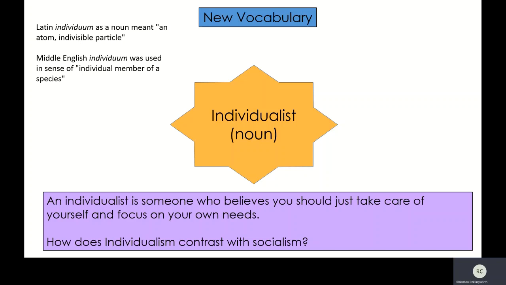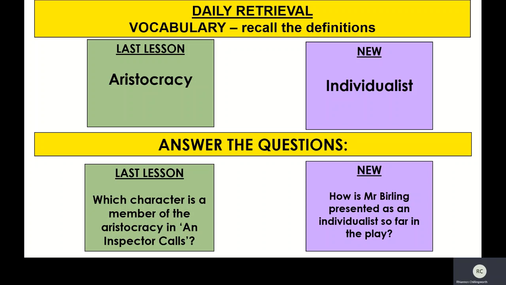Socialism is about the group, the collective body of people together, whereas individualism is about every man or individual for themselves, not really caring about how their actions affect other people. So think about how Mr Birling has been presented so far as an individualist. You can pause the video and have a go at answering those questions.